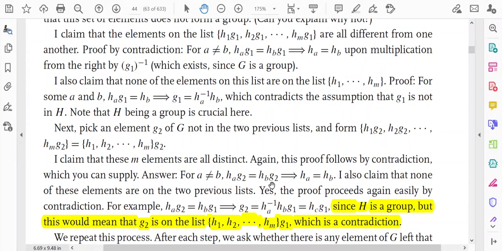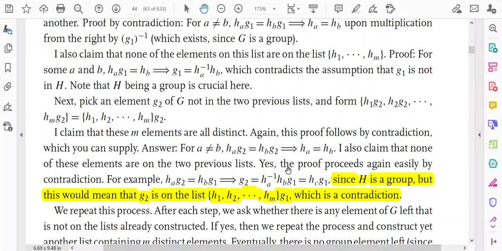I also claim that none of these elements are on the two previous lists. So the generated list is given here, and none of the elements should be contained in the two previous lists formed earlier. And again we can prove it easily, just as we have shown in the earlier case.